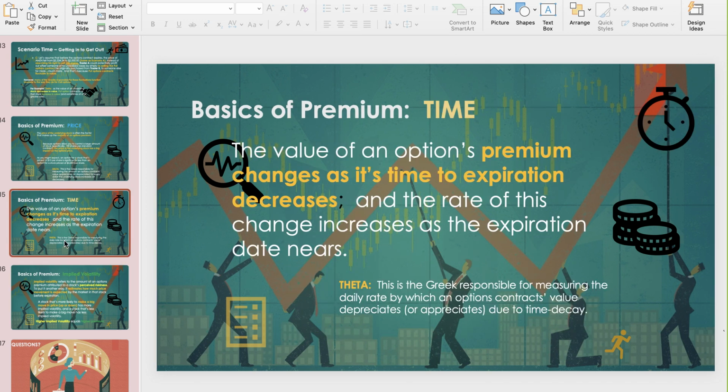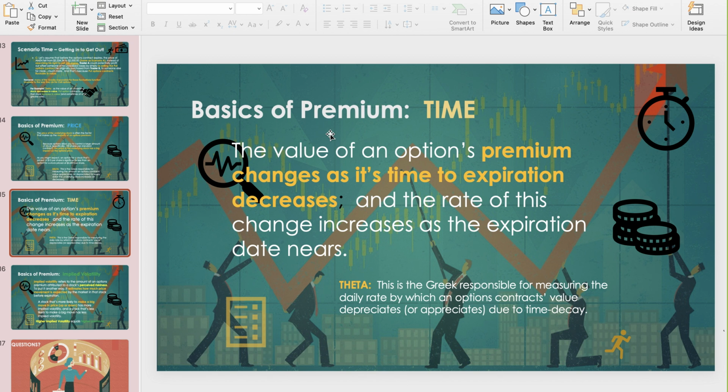We talked about basics of premium, and one of the things we talked about was time. Excuse me. Time and how the value of an option's premium changes as its time to expiration decreases, right? So the value of an option contract changes as its time to expiration decreases.